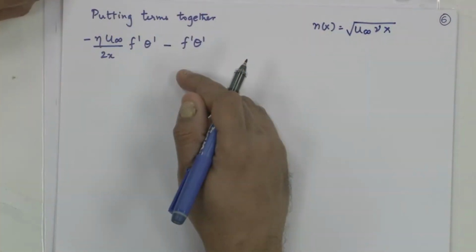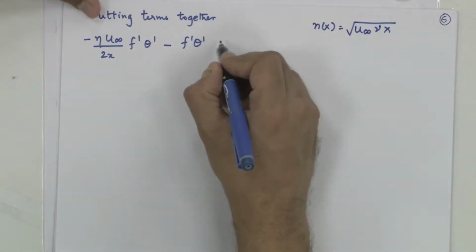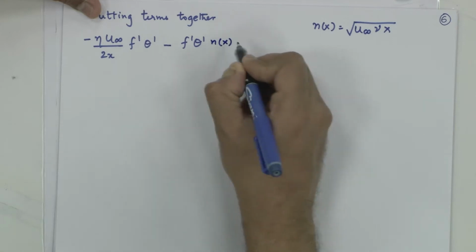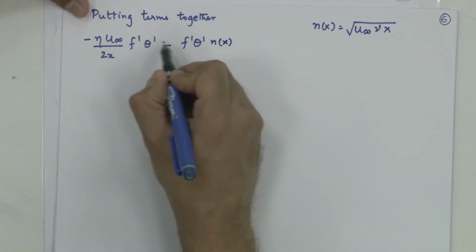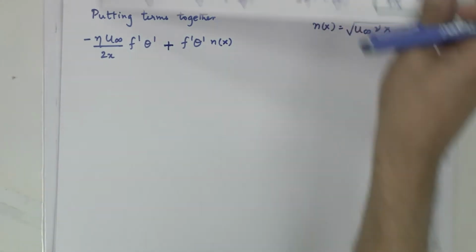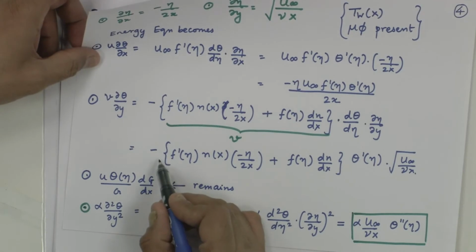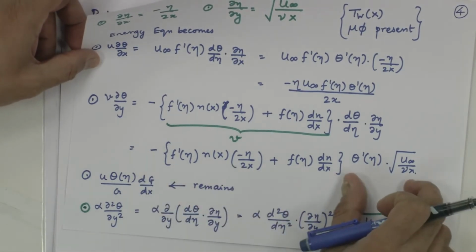So, v dθ/dy is f θ prime n of x eta, there is minus of minus would become plus, because if you just look at this expression, you have a minus here and a minus here. So, I am just opening this bracket. So, minus of minus would become plus.